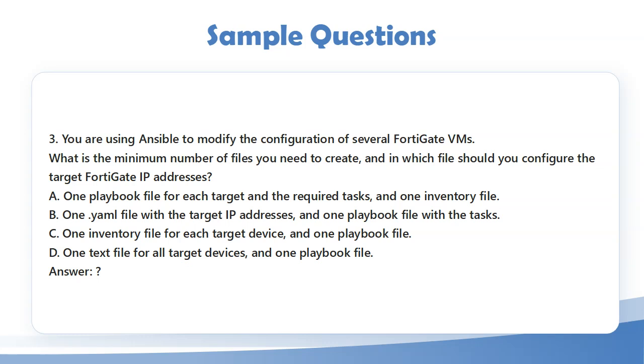B. One YAML file with the target IP addresses, and one playbook file with the tasks. C. One inventory file for each target device, and one playbook file. D. One text file for all target devices, and one playbook file.